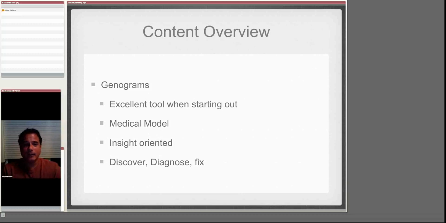or fear around, I'm not going to have enough thought of having a tool like a genogram where you could spend data. It's a useful crutch when you're starting out and you have that.